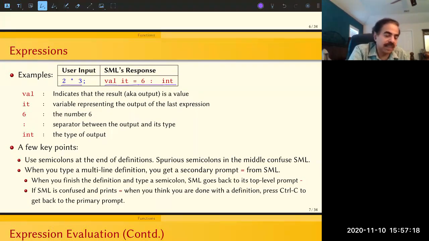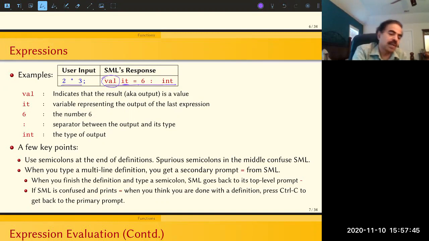But in addition, it prints a bunch of things. So what does this mean? It says that the result is a value, and it's always going to store every value in a variable, and it has a specially named variable called it. So it is going to store the last thing that you evaluated.